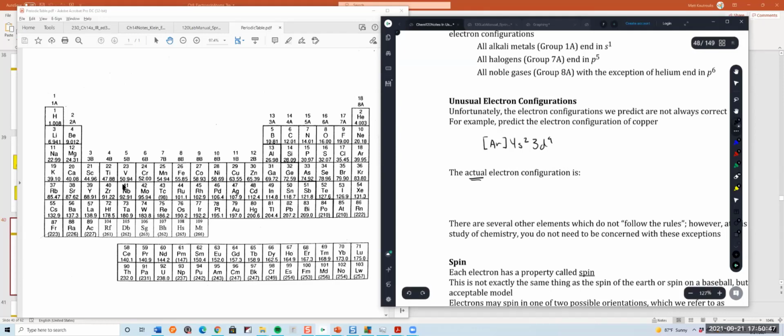But the actual electron configuration is argon 4s1 3d10.